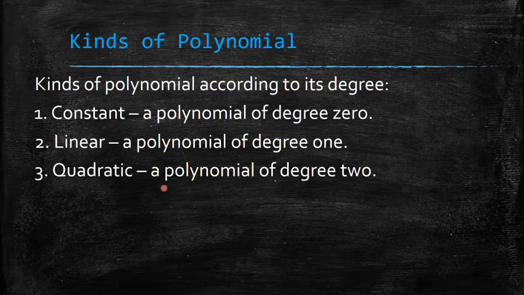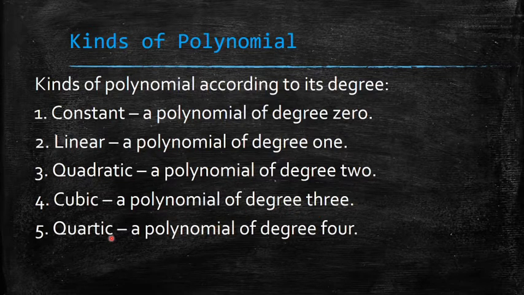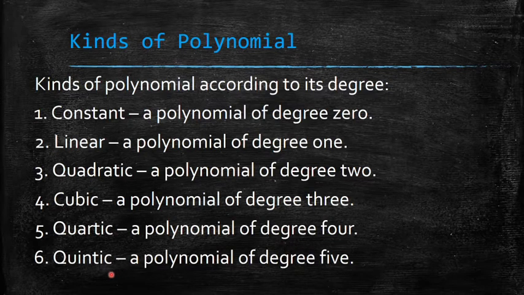Number 3, quadratic, a polynomial of degree 2. Cubic, if it is a polynomial of degree 3. Quartic, if it is a polynomial of degree 4. And we have quintic if it is a polynomial of degree 5.